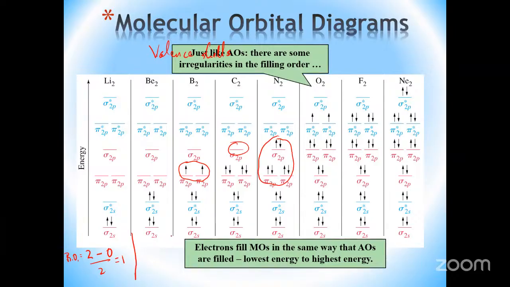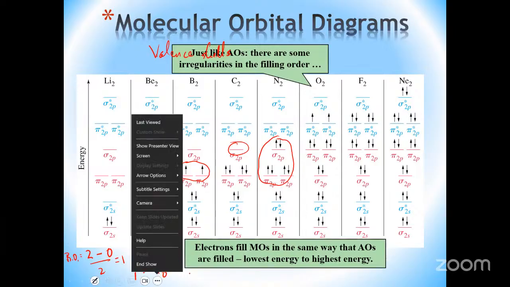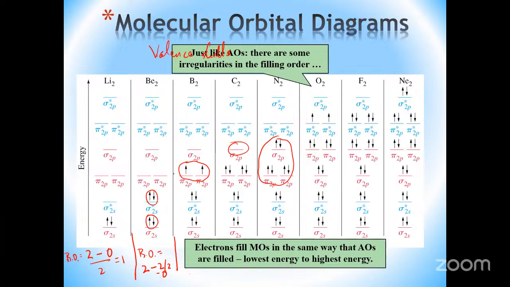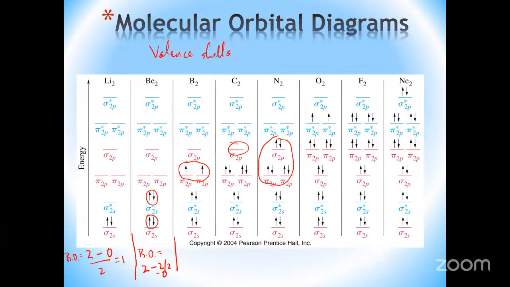Let me draw a line here and here to separate them. And then here, in the case of beryllium, the bond order would be equal to 2, which would be these bonding electrons, minus 2, which would be these anti-bonding electrons, and then divide that by 2, and that will be equal to 0. All right? So that's basically that. And you can do the calculations for the others. In fact, let me do the calculation for this one here.